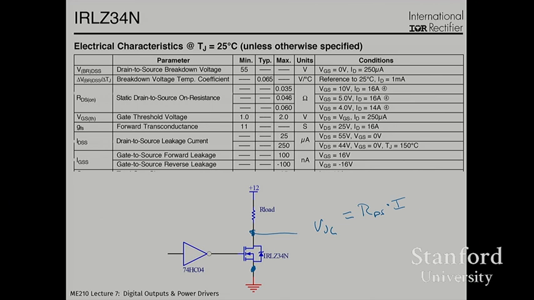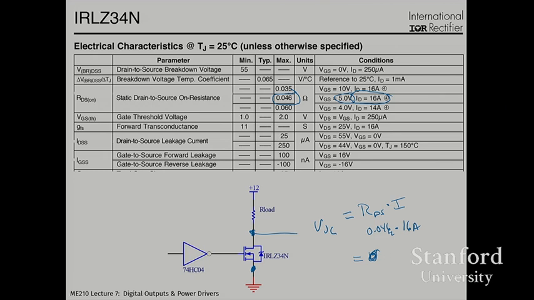And they're giving us specs here. For a gate source voltage of 5 volts and a current of no more than 16 amps, they're telling us that the drain source resistance is no more than 0.046 ohms. So 0.046 times 16 amps gives us a VOL in this device.